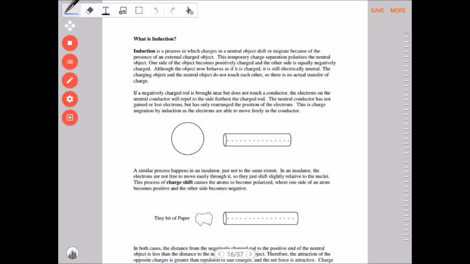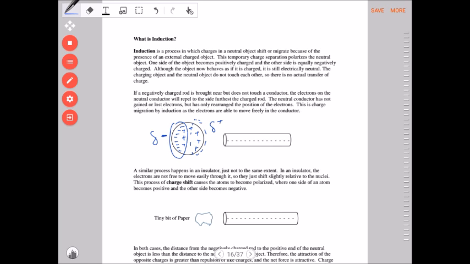So if you have a look at this, say this is a pith ball, okay, so a negatively charged rod is brought near, so all the negative charges go to that side, are repelled by the rod, okay, and so this side ends up being partially negative. Okay, now it's not that the protons move towards here, because remember the protons are stuck wherever they were before. Okay, they're kind of evenly distributed, but it does make this side partially positive.